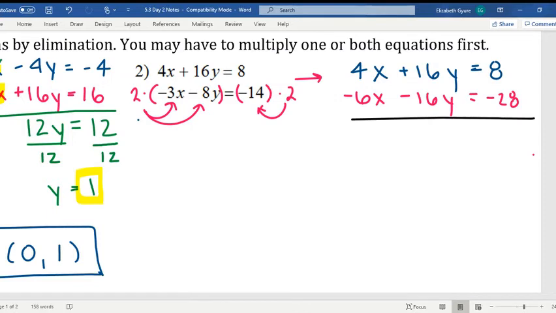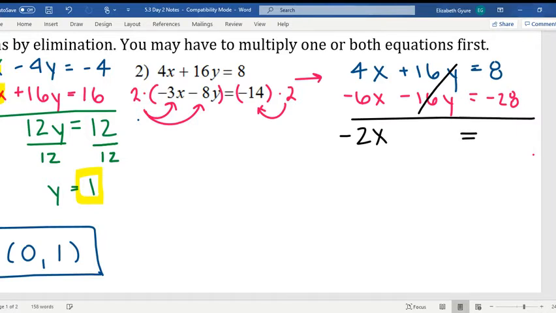All right, now we are going to combine our terms. We're going to do this vertically. So, Aaron, what is 4x minus 6x going to give us? Yep, negative 2x. Good. Asia, what's going to happen with the y's? Yep, they're going to cancel out. We had a 16y and a negative 16y.